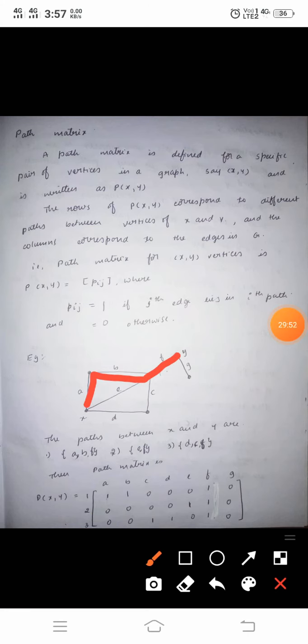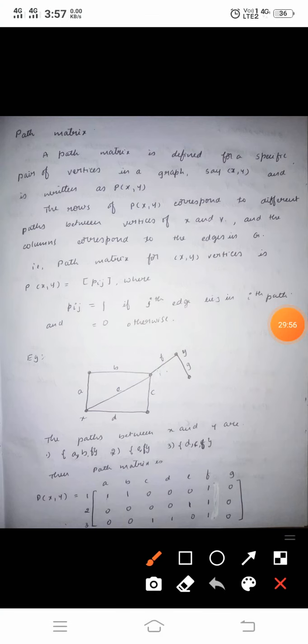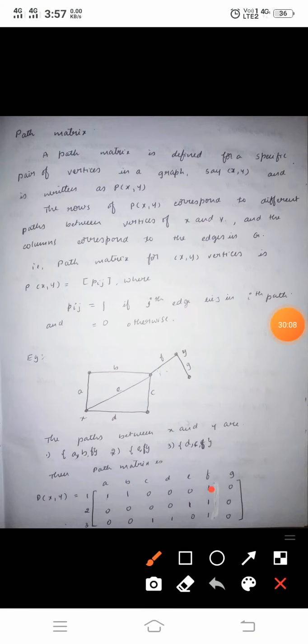What is the first path? Is A present in the first path? Yes, so the entry here is 1. Also B is present in the first path. Is C present in the first path? No. Only A, B and F are present in the first path. So A, B, F values are 1, remaining all are 0.